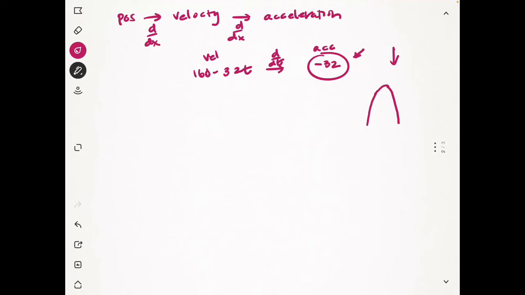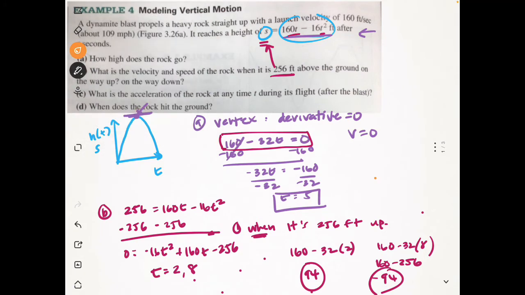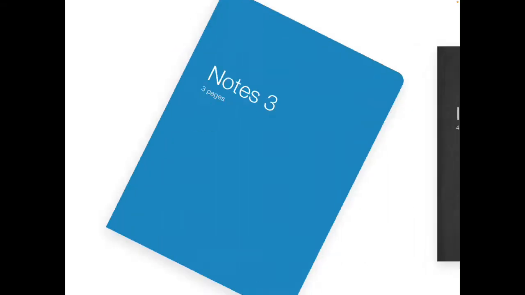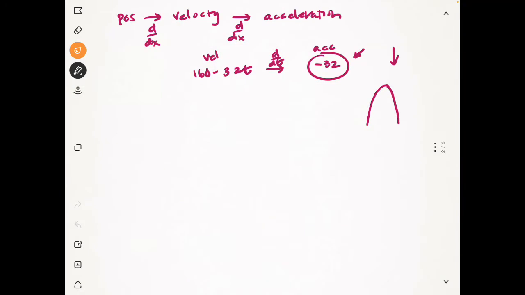Now let's go back to part D. And part D is asking us, when does the rock hit the ground? So what we know at that point is that's just a position, right?